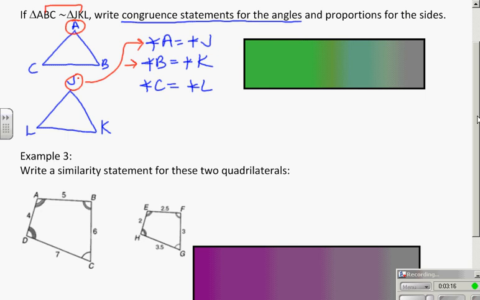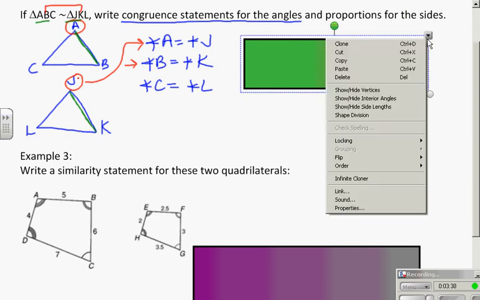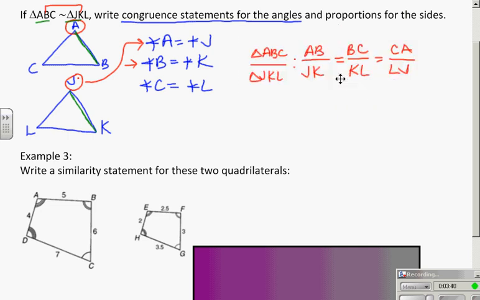Now, when it comes time to write a proportion for the sides, the picture is also very important because I can see that side AB corresponds to side JK, both from the picture and from the congruence statement. And so when I go to start writing my ratios, I might want to make myself a little key, so I know I'm going to put triangle ABC on top.